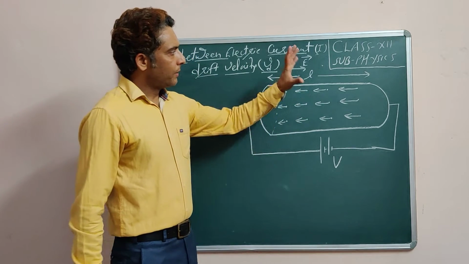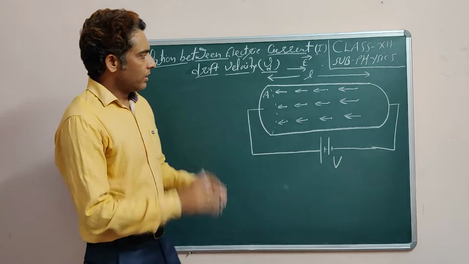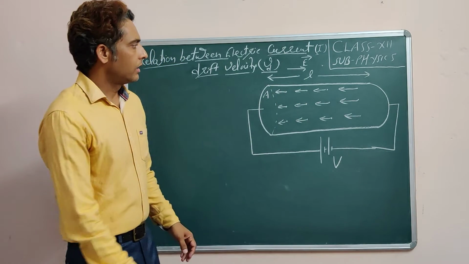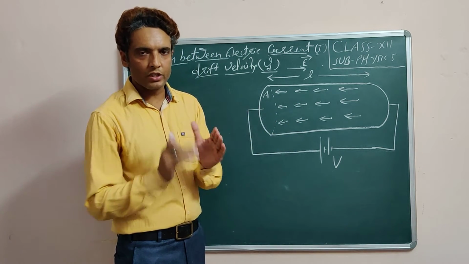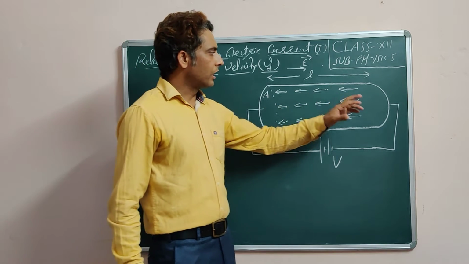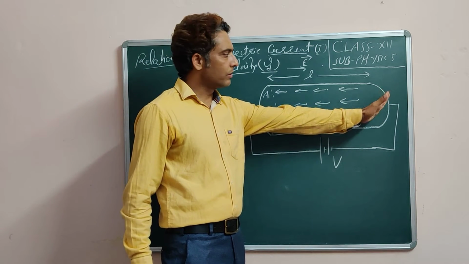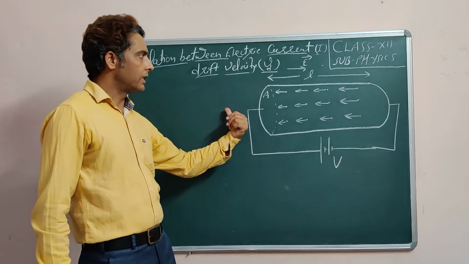Now in order to find the magnitude of current flowing through the conductor, we will calculate the charge which flows through a certain fixed cross section in a certain fixed time. In this case, we will calculate the number of charge carriers which move from this end and leave from this end.